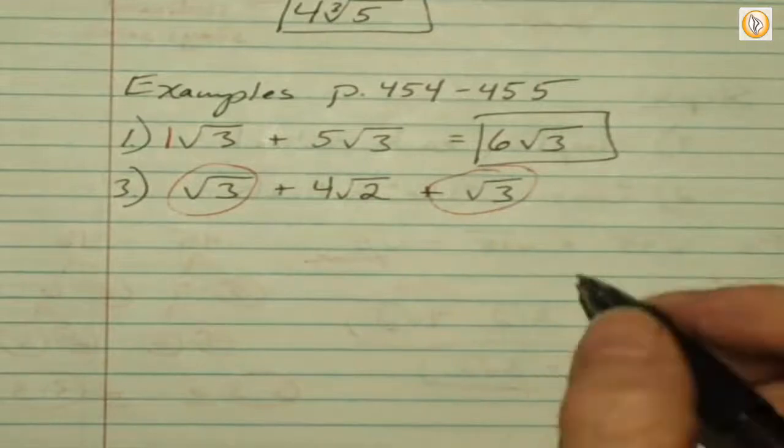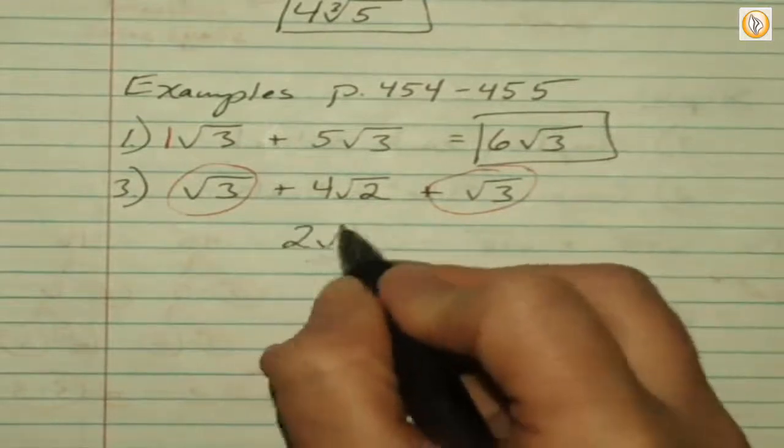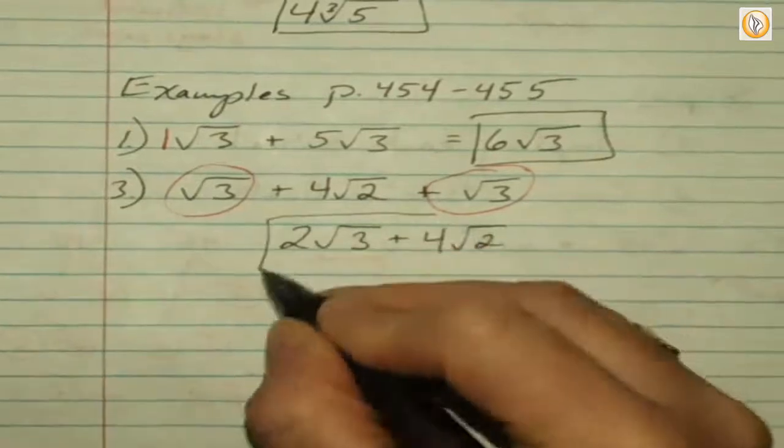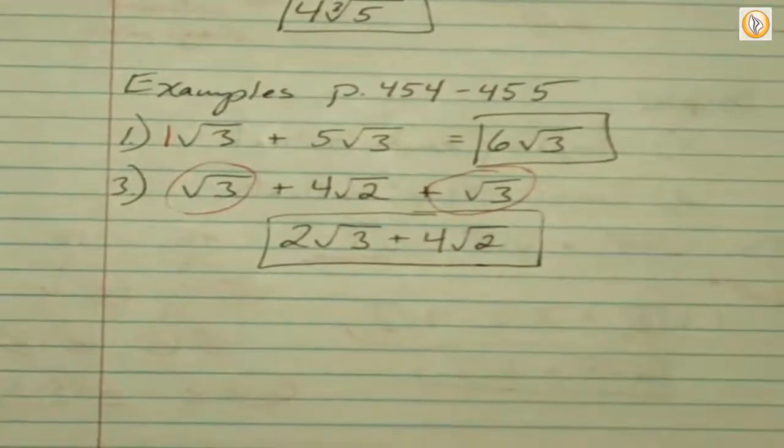And what do I get? 2 times the square root of 3 plus 4 times the square root of 2. Perfect. This is so much easier. Yes, it is. Any questions so far?